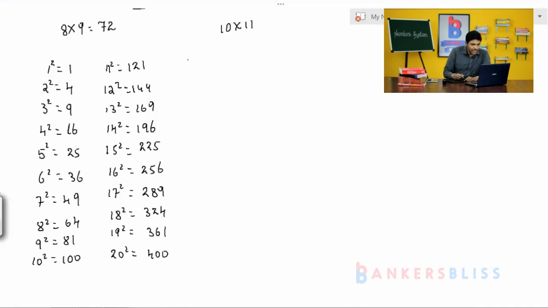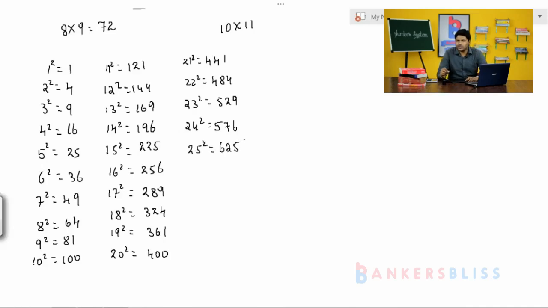Next, 21 square, 441. Next, 22 square, 484. Next, 23 square, 529. 24 square, 576. Next, 25 square, it is 625. See, these values are very important for you people to remember.